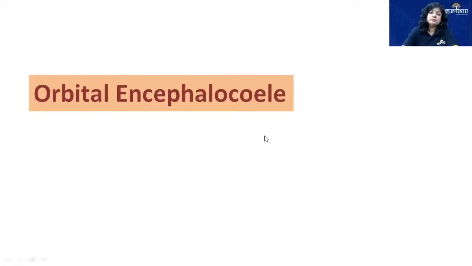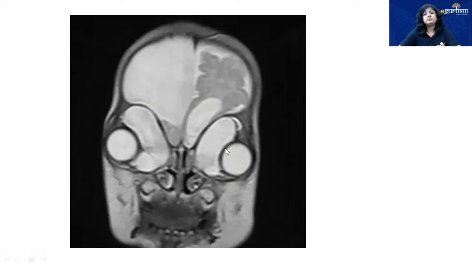Okay. Now, when we look at an orbital encephalocele, again, I don't think we need to go too much into the detail. It's simple. Encephalocele is the herniation of the brain parenchyma. As you could see on this T2 weighted coronal image, there is a markedly hyperintense lesion extending into the orbit.